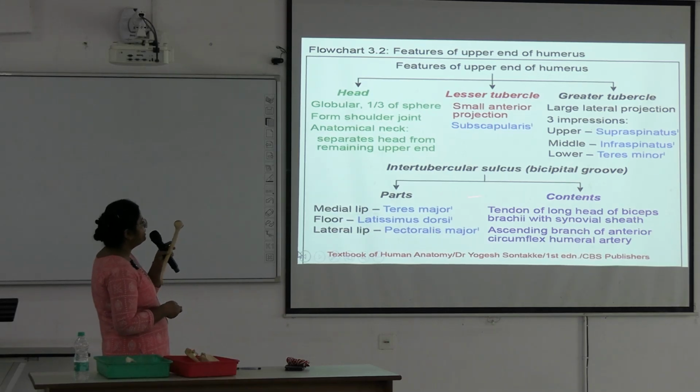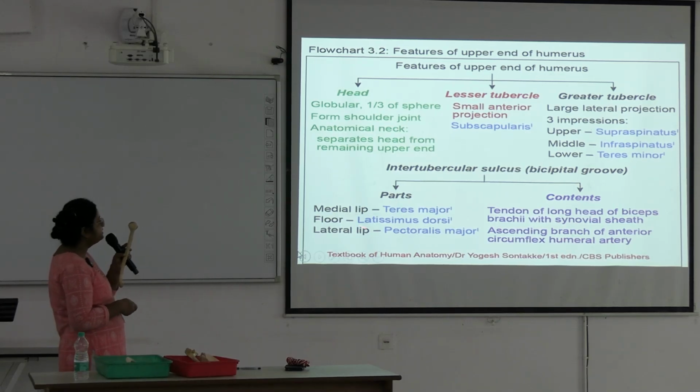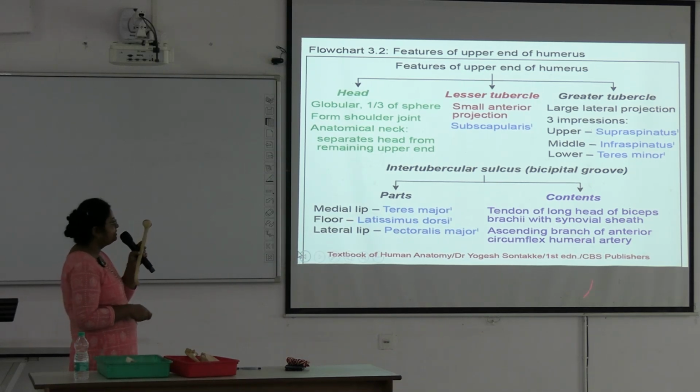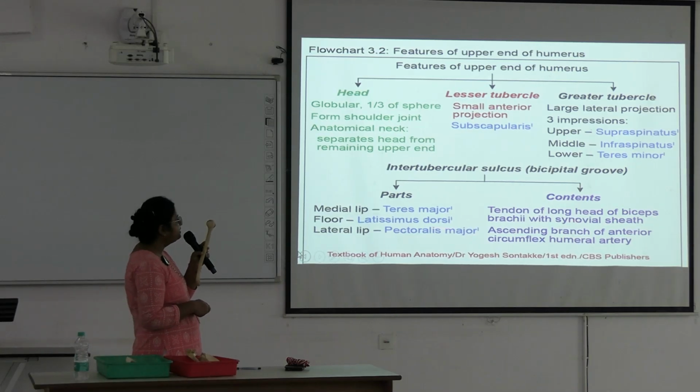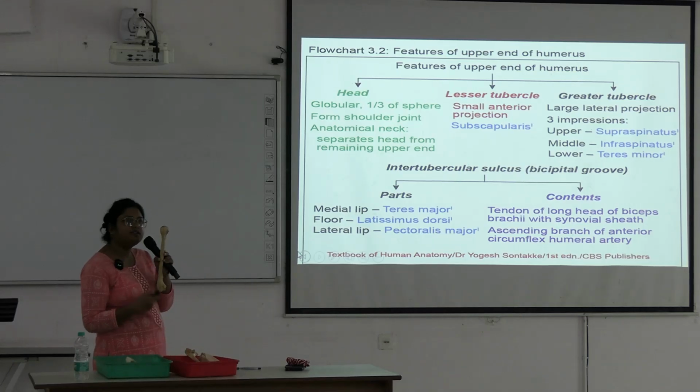Intertubercular sulcus or bicipital groove. Parts are the medial lip, floor, lateral lip. These are the attachments or insertions: teres major, latissimus dorsi, and pectoralis major. Contents are tendon of long head of biceps brachii with synovial sheath and ascending branch of anterior circumflex humeral artery. Okay, all these you have to tell.